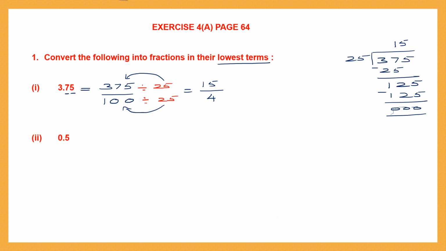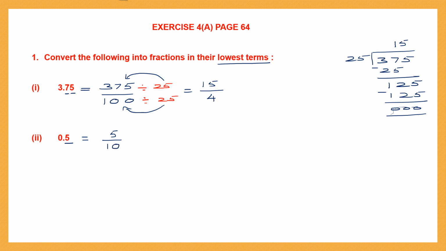Question 2, 0.5. So let's do it the same way. Remove the decimal point and write the number. When you remove the decimal point, we don't say 0.5, we say 5, isn't it? So just write 5 and the denominator should be 1 followed by zeros. How many zeros? Let's go back to the question and see after the point how many digits we have. There's only one digit. So we have only one 0.